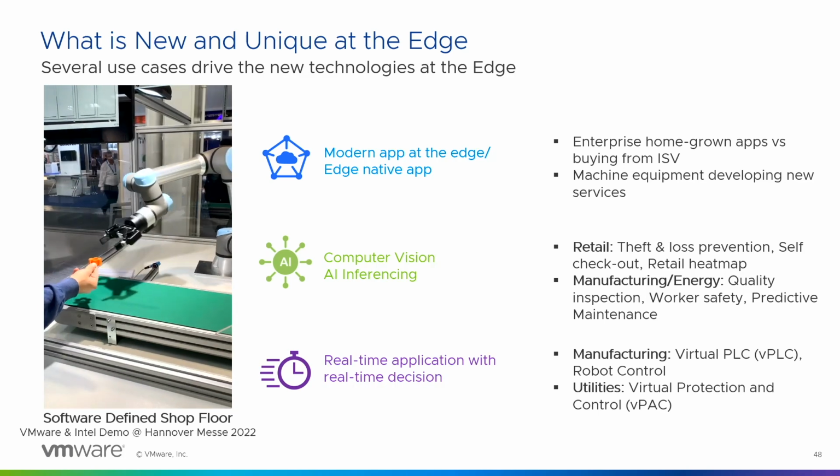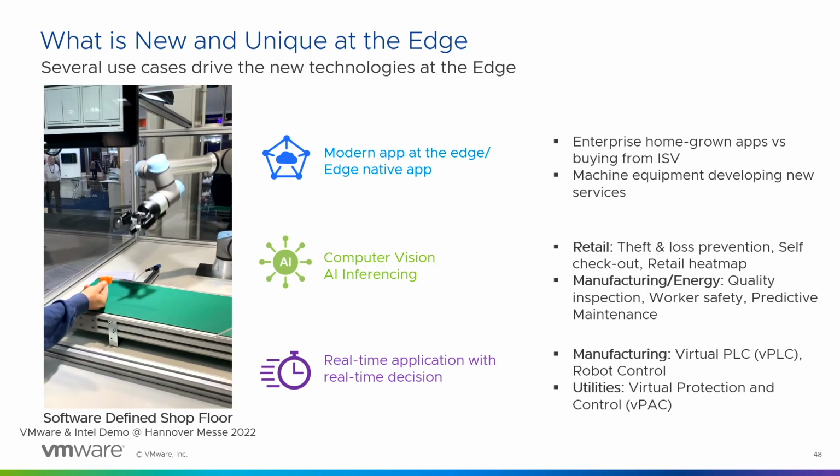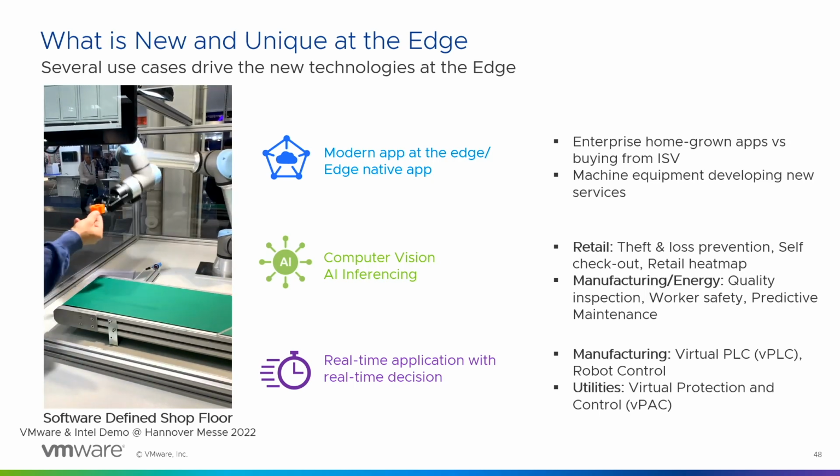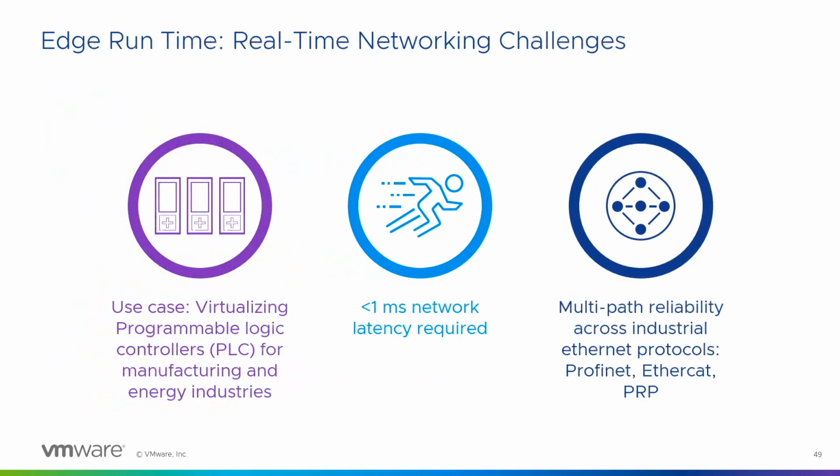You have the application used for that running on Kubernetes, in this case with real-time characteristics. This is currently a roadmap feature that we're building for the vSwitch: the ability to support Profinet and PRP initially, right?